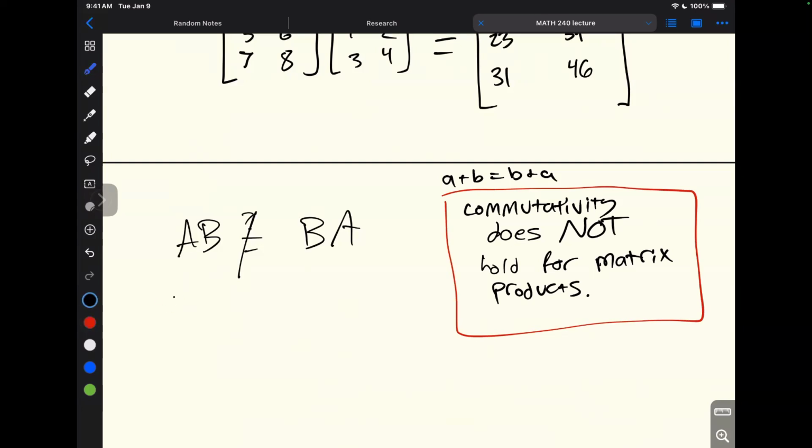What about A plus B and B plus A? What do we think?